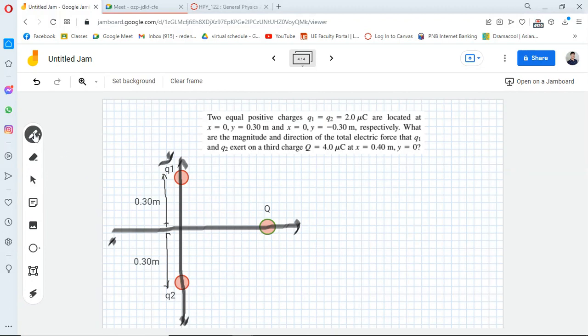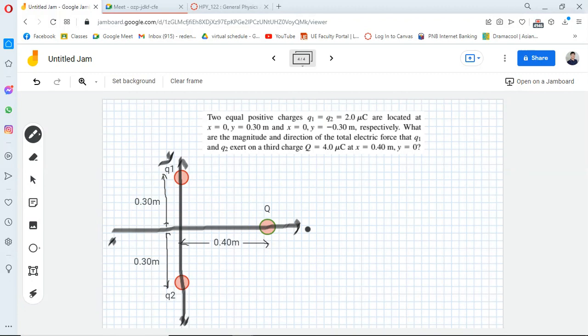So, we forgot the distance here to be 0.4. 0.40 meters. Okay, yan yung kanyang layo. I hope that is clear to everyone sa atin.